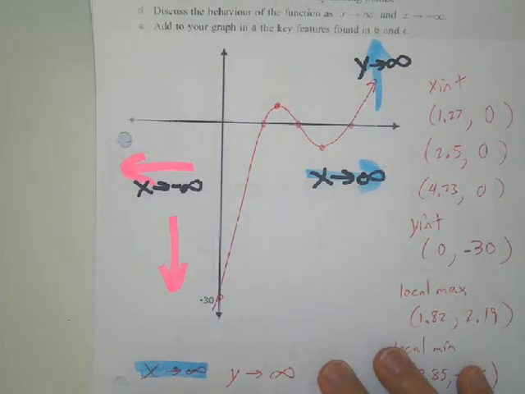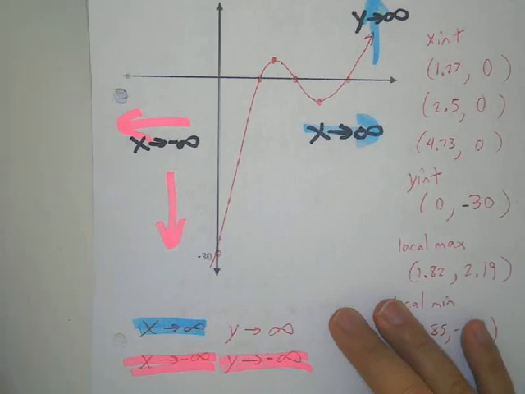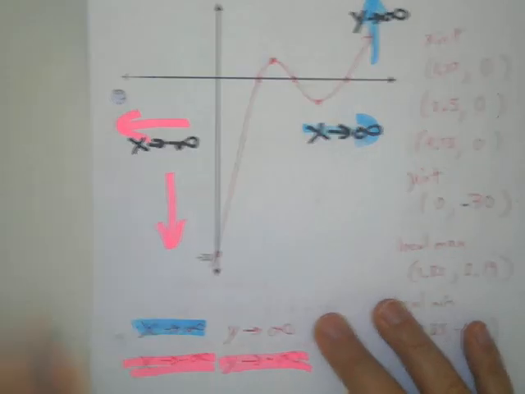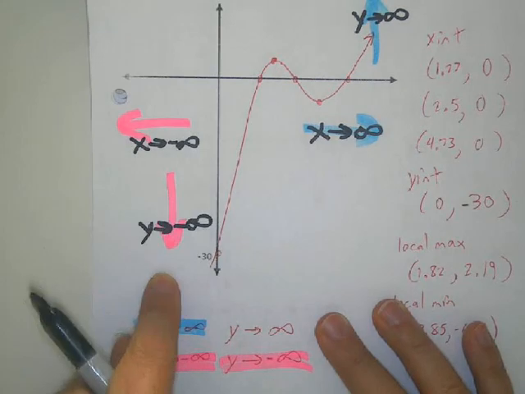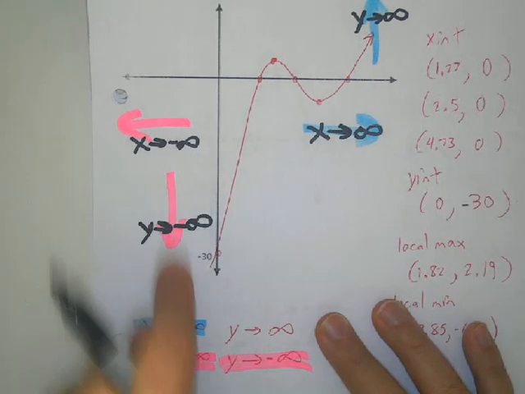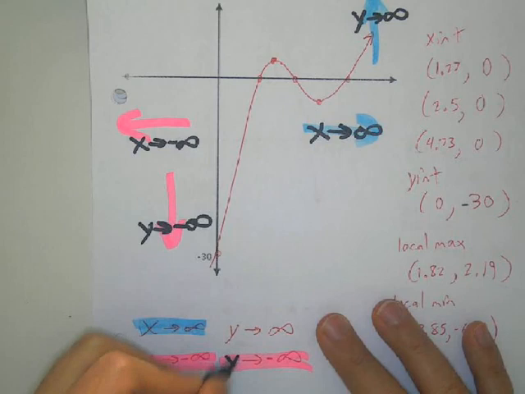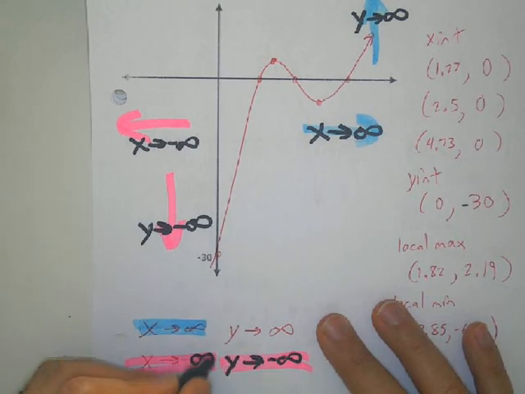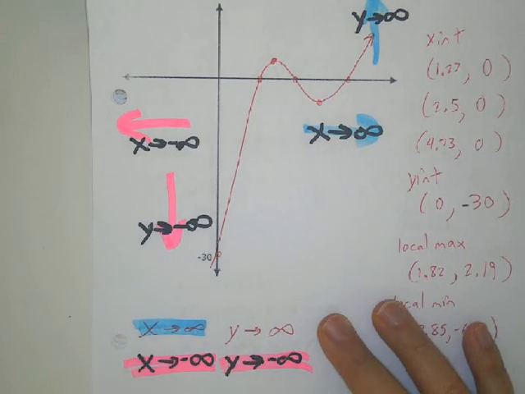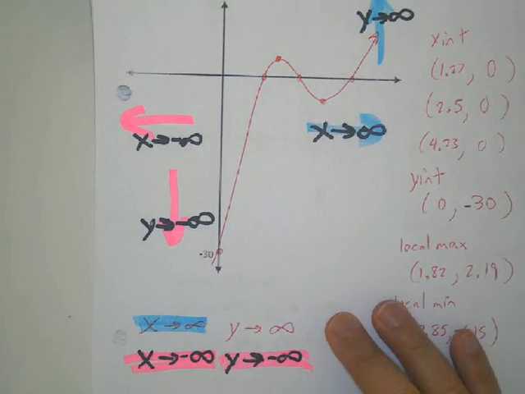So we can say that y goes to negative infinity because it's going down. As I go to the left, it's going down. So that's what this means. It's actually pretty simple. And you might say, oh, you never taught this to me before. Oh, you're learning it now. Okay, so that is called behavior of the graph.